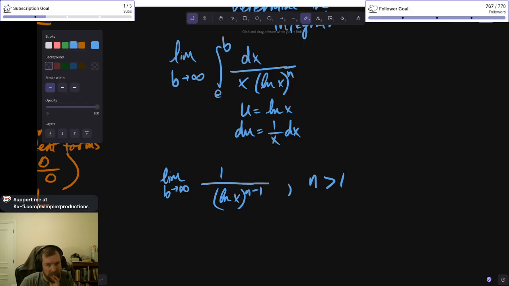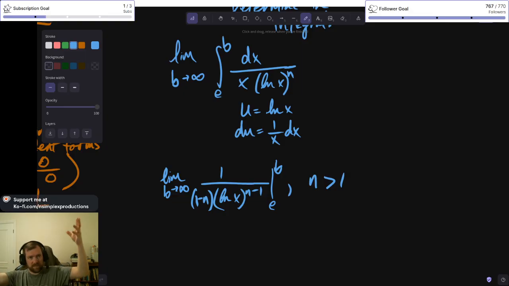Okay, then this is going to go from e to b. Then also, we need to divide by the new power, which is going to be 1 minus n. Remember that the whole power itself really should be up in the numerator, not in the denominator, but we'll worry about that later.